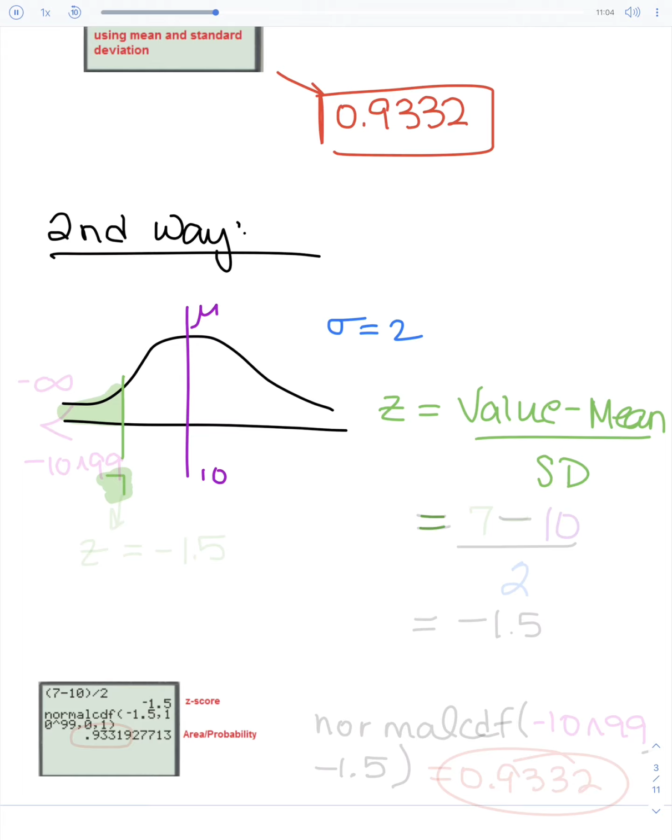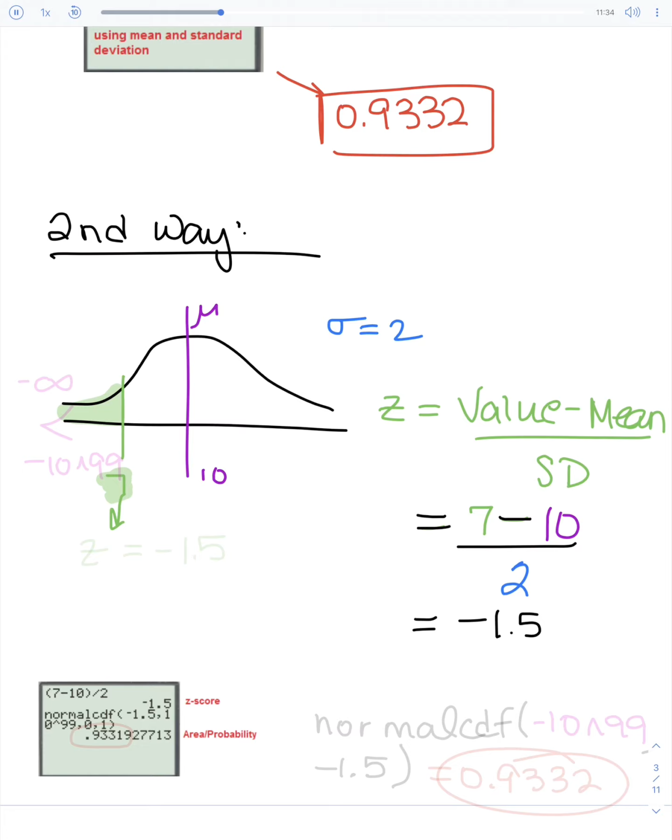Well, our value is 7, minus the mean, which is 10, divided by the standard deviation, which is 2. Let's see what that gets us. Well, 7 minus 10 divided by 2 is negative 1.5. So that would be your z value.